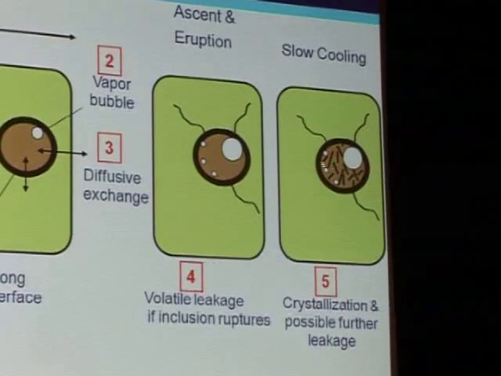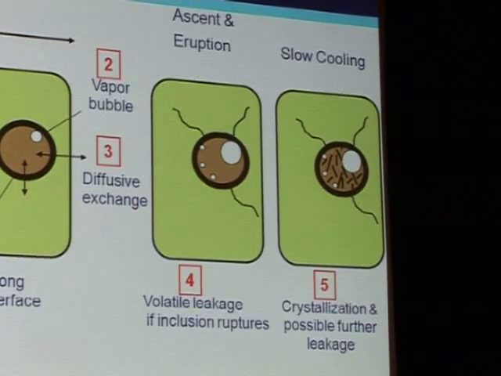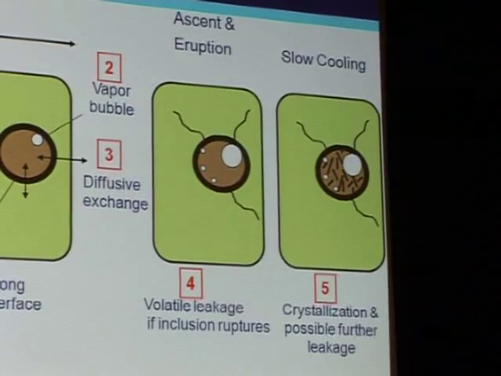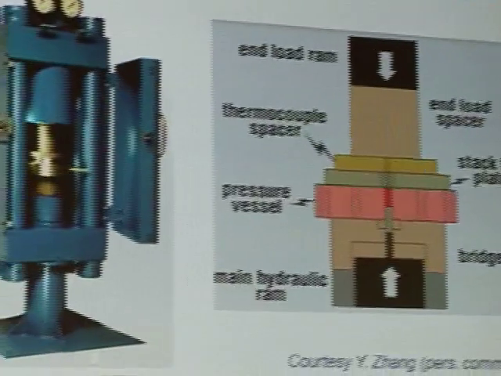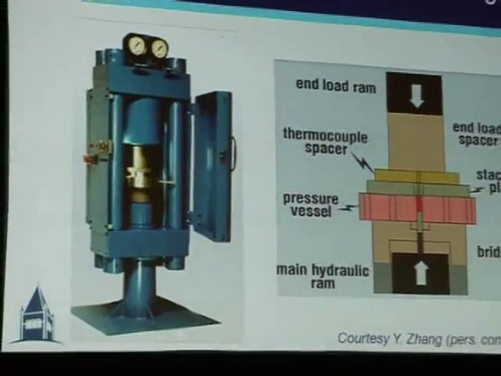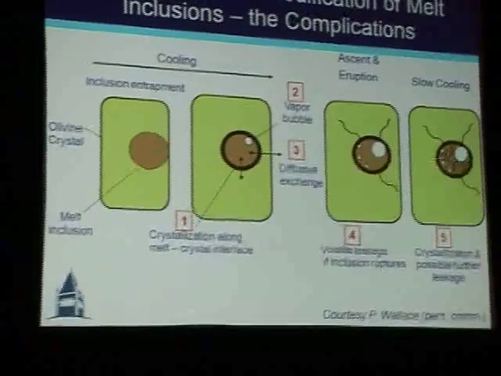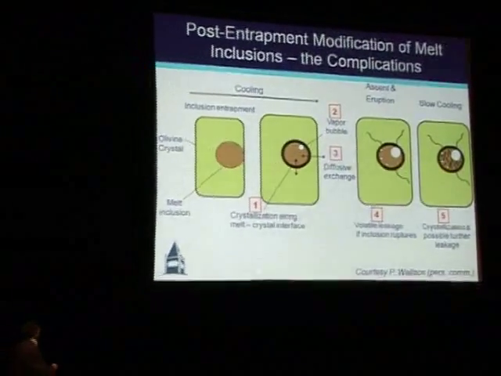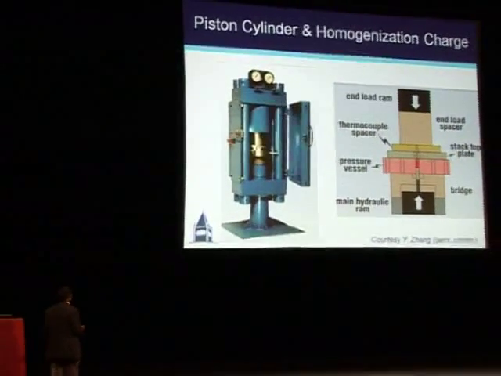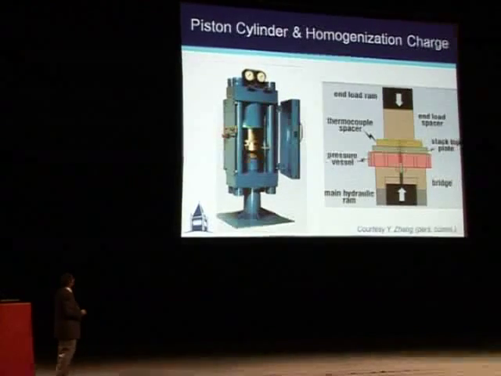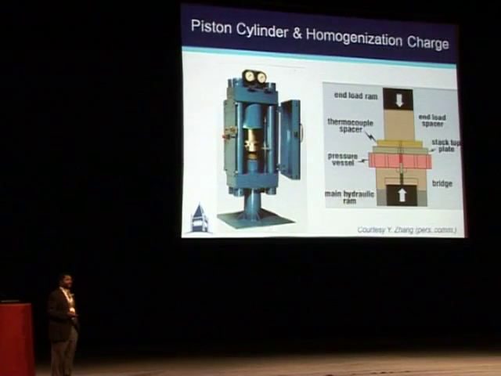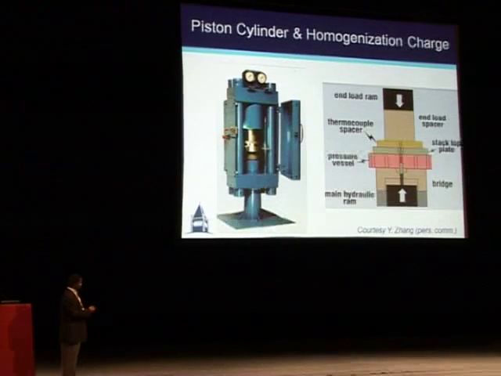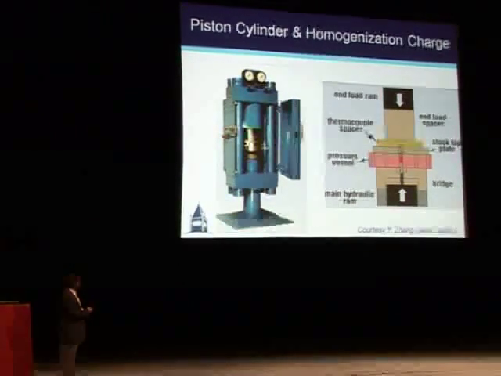and forming these tiny little crystals that you see in here, making any measurement of volatiles rather challenging unless you realize that those crystallized melt inclusions can once again be homogenized if we heat the crystal to a temperature of about 1300 degrees in a piston cylinder at pressures of about 6 kilobars in order to prevent degassing from taking place.